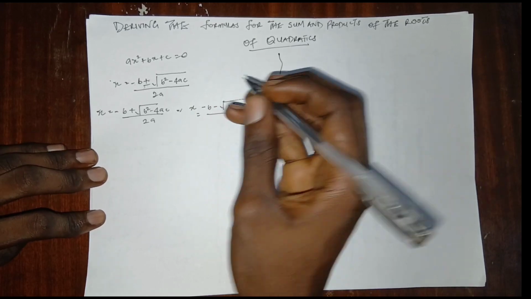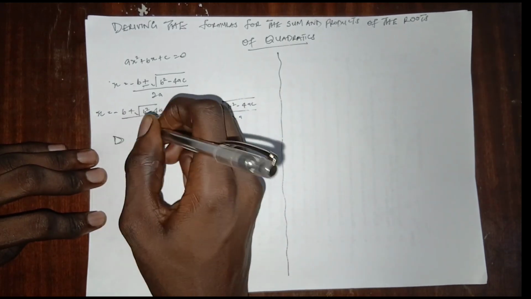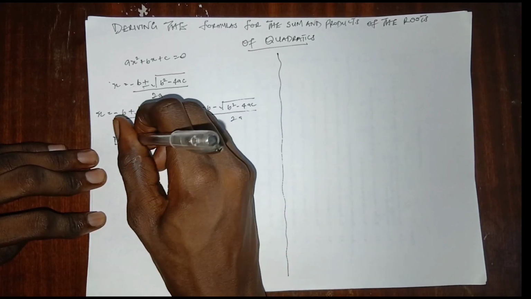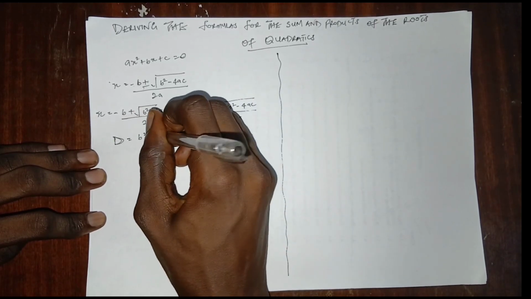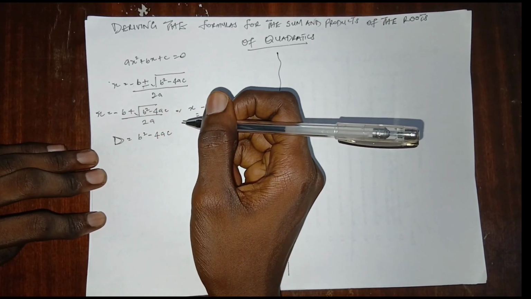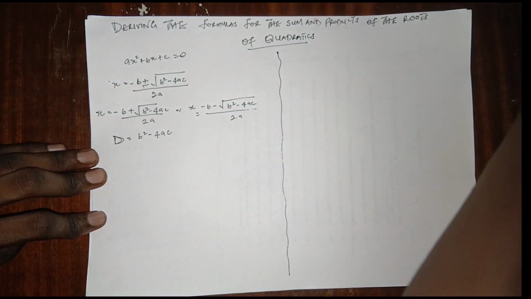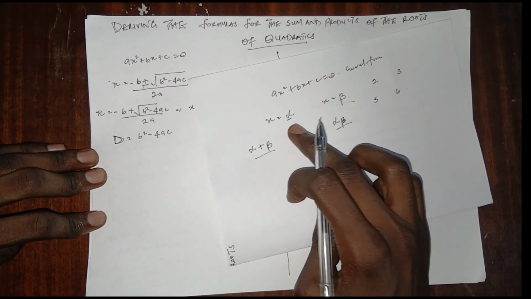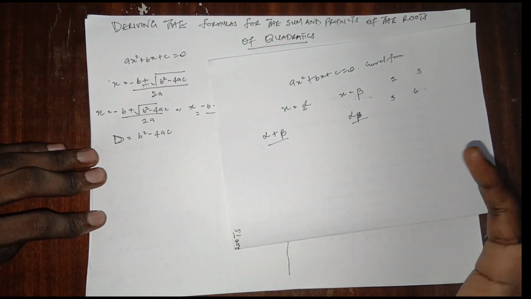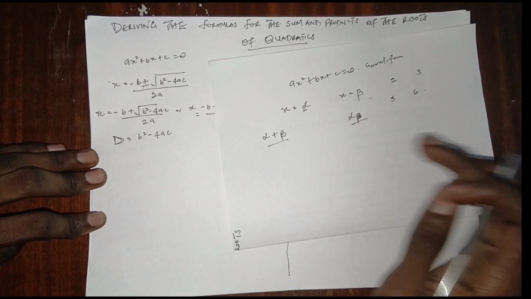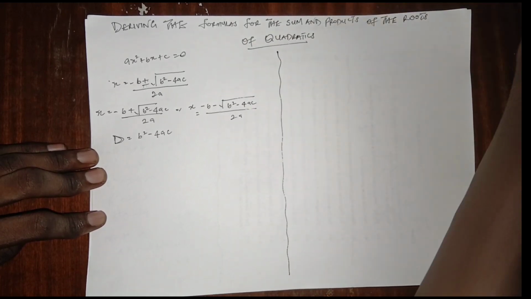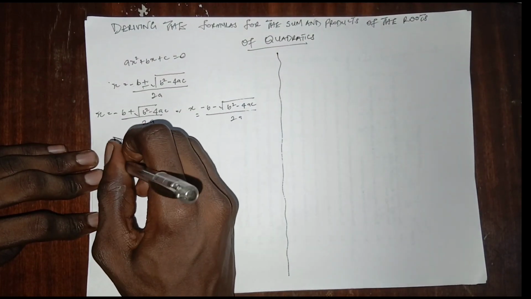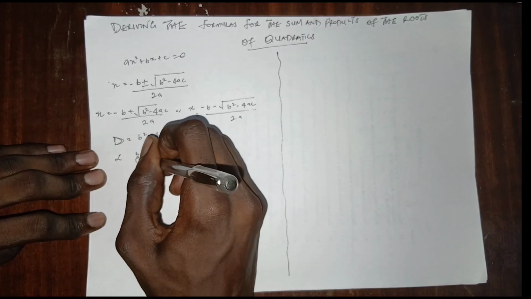So remember our discriminant, just to reduce what we are working with. The discriminant d is b squared minus 4ac. Like I said earlier, let's represent our two distinct answers with two variables, alpha and beta.